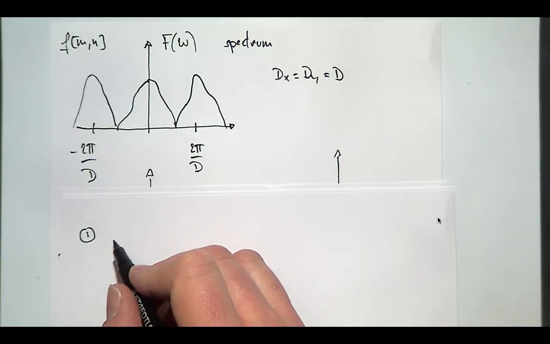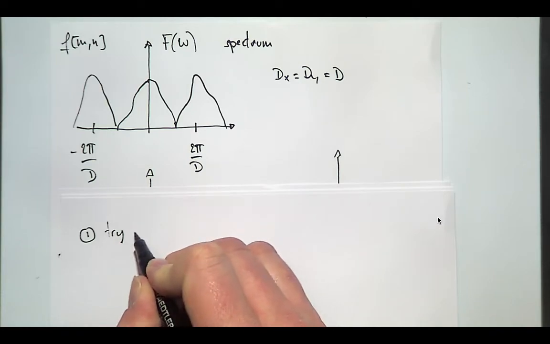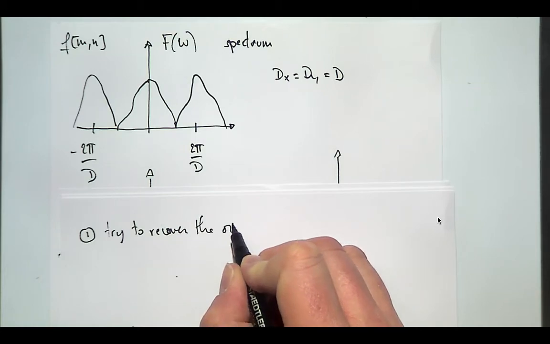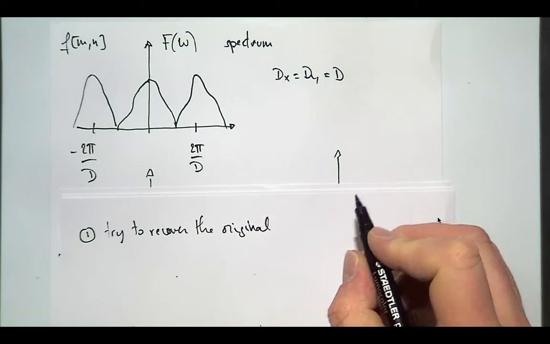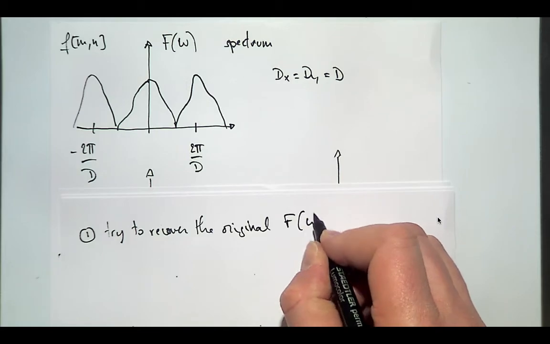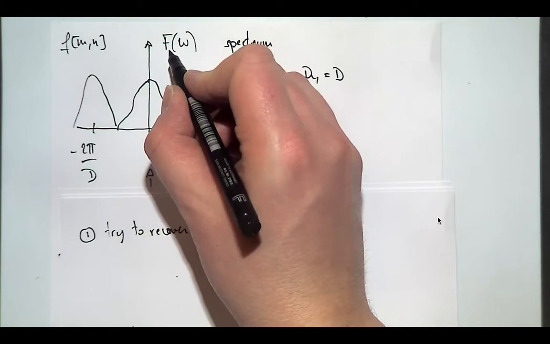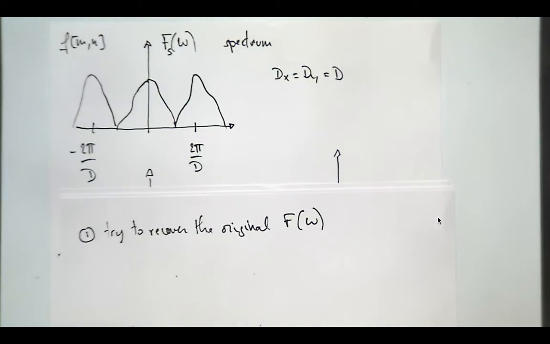So the first part is to try to recover the original Fourier spectrum, okay? So what I had here, in fact, was the sampled Fourier spectrum, okay? And I want to just try to recover what the original Fourier spectrum was. And so if I have the original Fourier spectrum, then it will be easy to just do a one cutoff, okay?